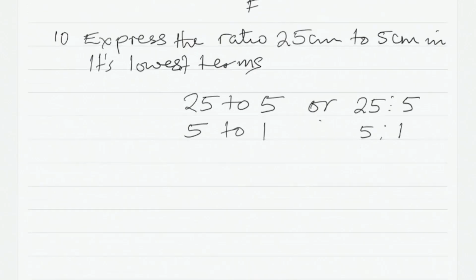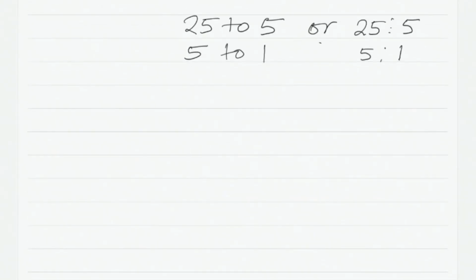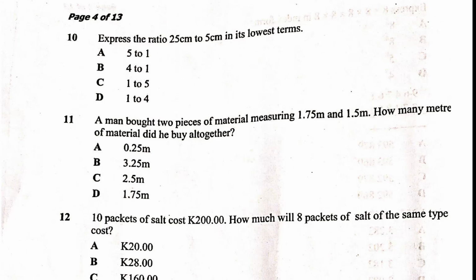We move on to question number 11. A man bought 2 pieces of material measuring 1.75 meters and 1.5 meters.